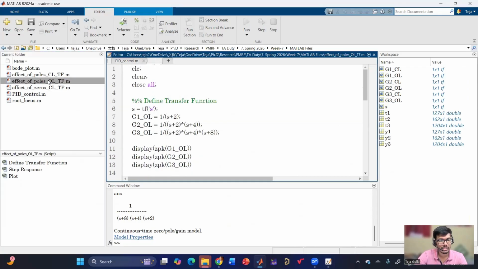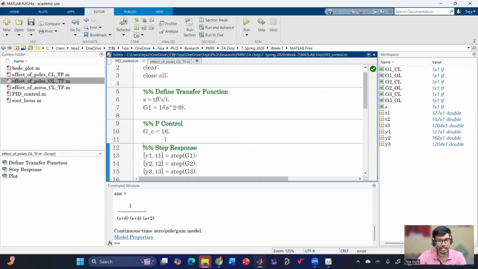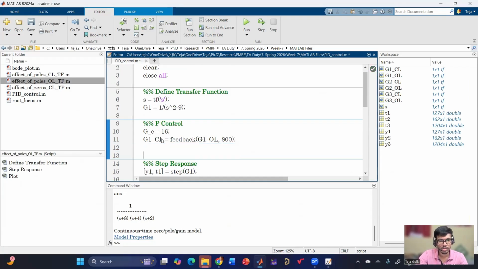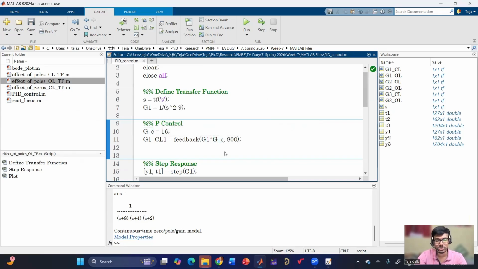I can use this command from here where I have used this feedback, right? So I will use this, and then here I can get my G1 closed loop 1. G1 closed loop 1 is nothing but feedback of G1 times GC, because I'm multiplying G1 into GC, and then the feedback gain is 1. Is this clear how we have written for P control, Saurabh?